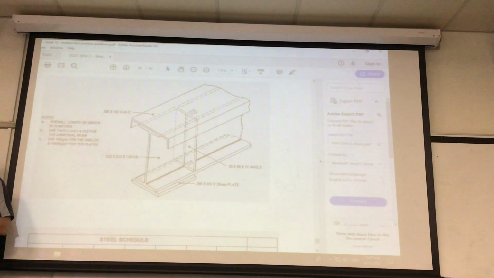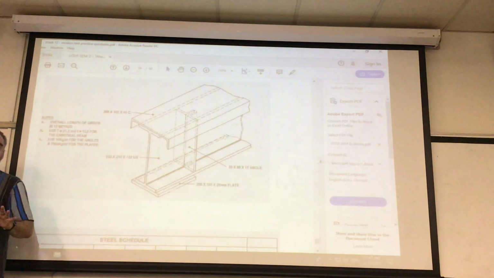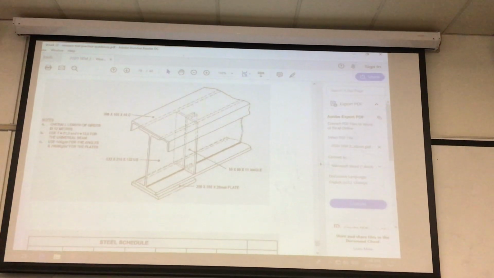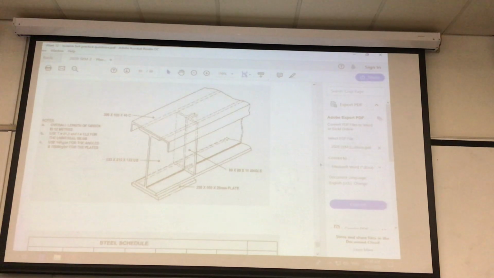So Moodle's been set up to give you a minimum of 2 and a maximum of 3 or 4, depending on what I put for each one. But you won't get any more than 20 questions, okay? It's also set up to give you 9 multi-choice questions as well. So 3 probably on the reinforcing, probably 2 of this, and probably 2 of the plates. But look, as I said, there's a variance.